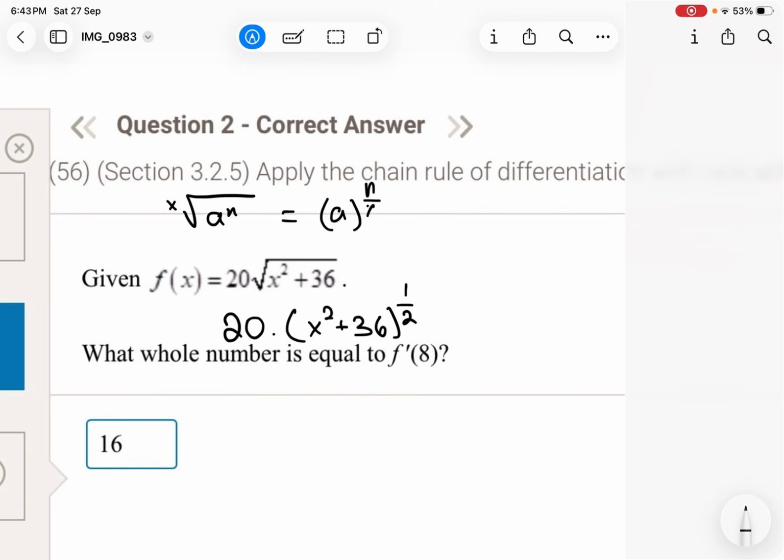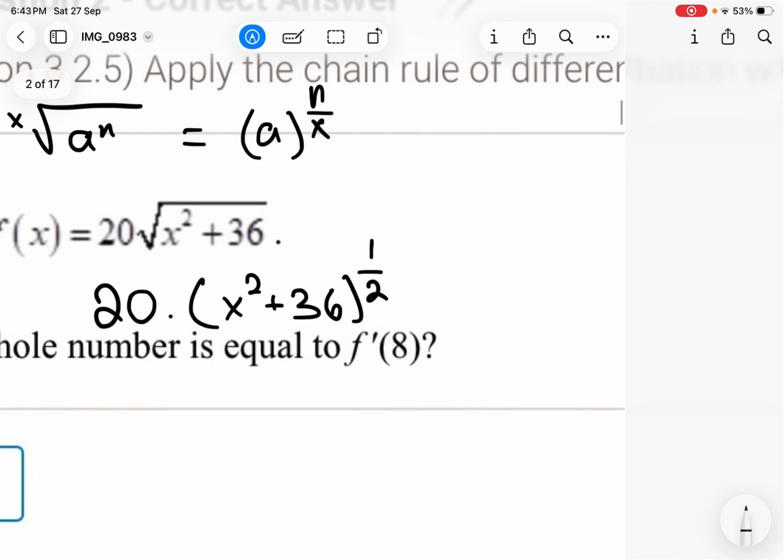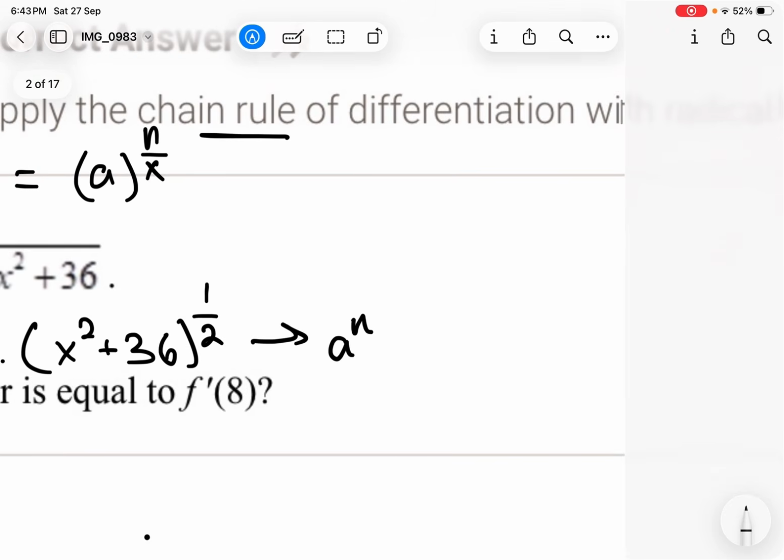That's the formula to find the exponent from a radical. And then x squared plus 36 to the power of 1 over 2 is the formula of the chain rule, which is n times u to the power of n minus 1 times u prime.